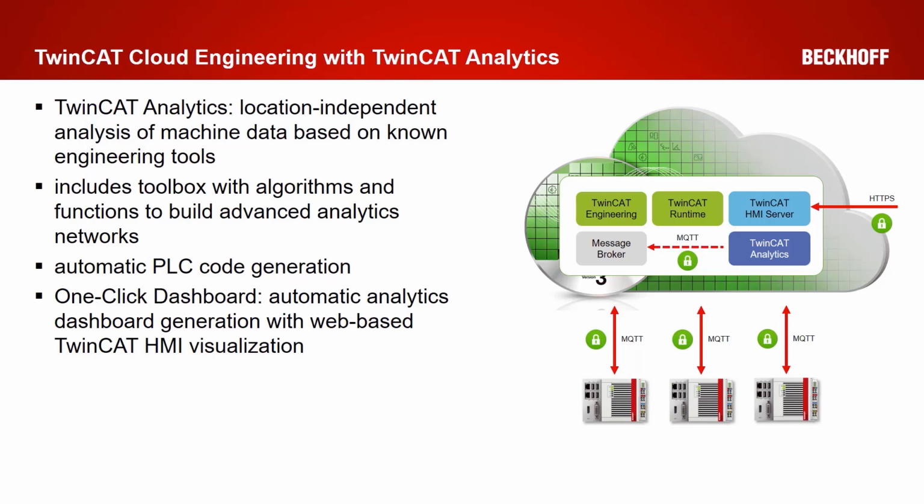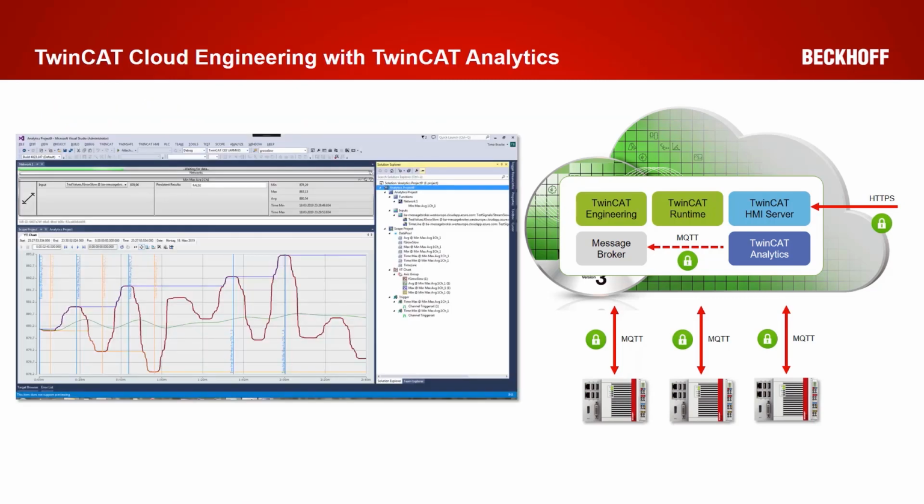So you could analyze the data using TwinCAT Analytics, but then you can also make use of the advanced TwinCAT Analytics functionalities like the PLC code generation or also the one-click dashboard functionality, where you can automatically generate a TwinCAT HMI visualization based on the analytics network that you have configured. You see that here as an example.